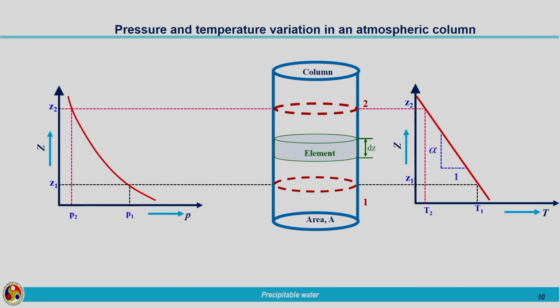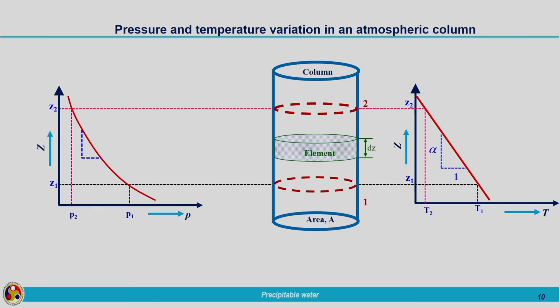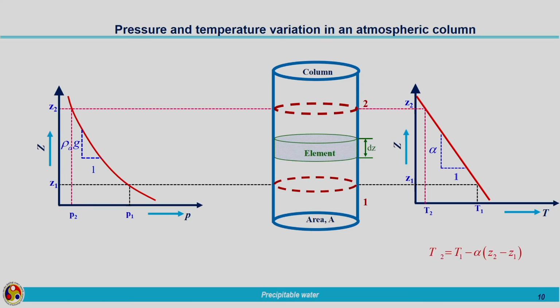When you plot with the numerical values, you will get the curve like this. And when we talk about the slope, it is rho Ag vertical to 1 horizontal, because we had dP by dz to be minus rho Ag. dP by dz is what? It represents the slope of the curve.